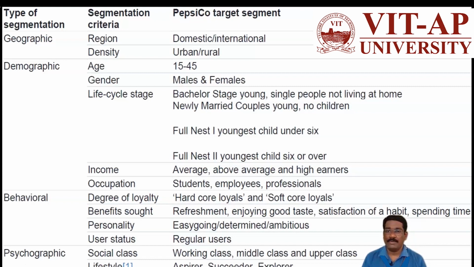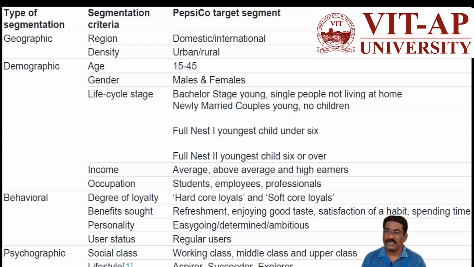I'm going to summarize the learning from all my inputs in this session with this demonstrative example using Pepsi. So let's talk about geographic, and here we talk about the region and density of the population. We also segment domestic market or international market.